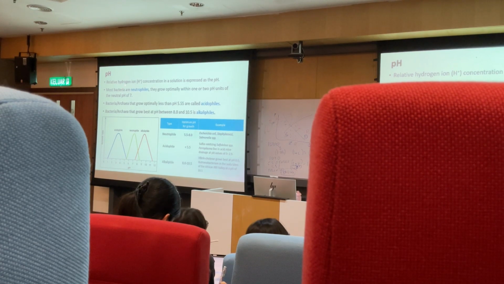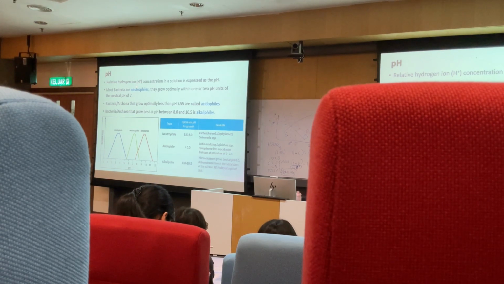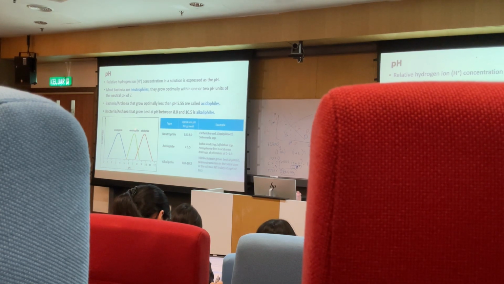It is all about the hydrogen ion concentration. Those who live at pH 7, which is neutral, have the maximum growth. Those neutrophils are suitable to grow at pH 7. If it is slightly acidic or alkaline, it's okay, but the growth drops.